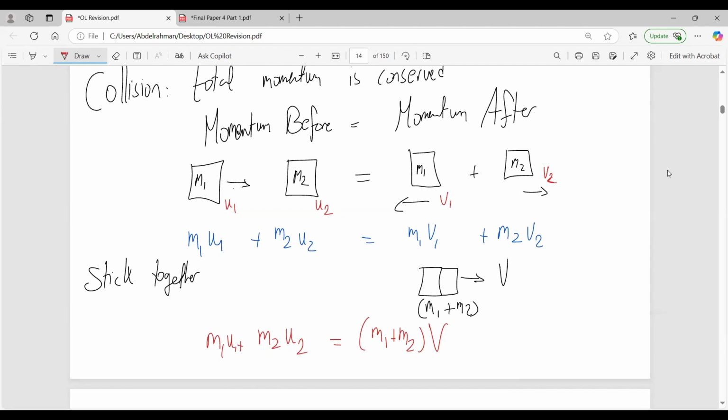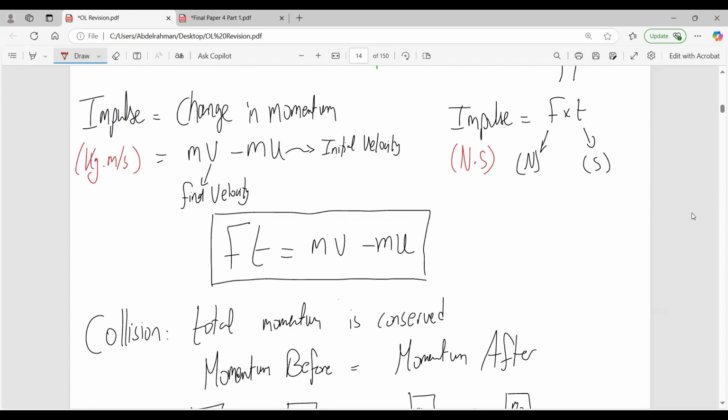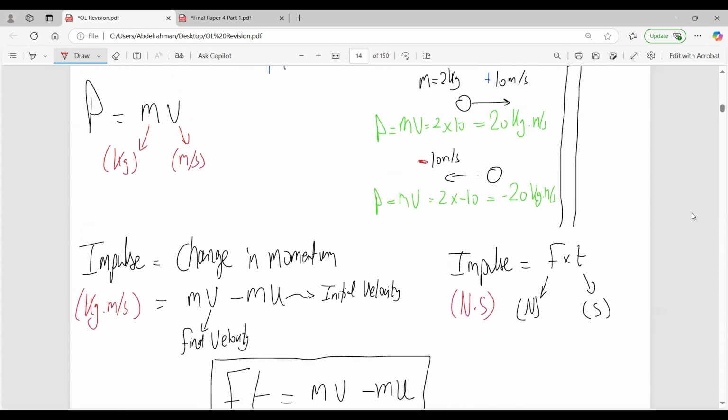That's it: the total momentum is conserved. If one decreases, the other increases, and if one increases, the other decreases. That's all I need to say about momentum.